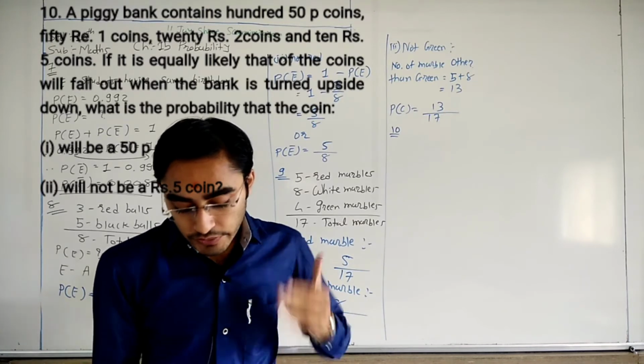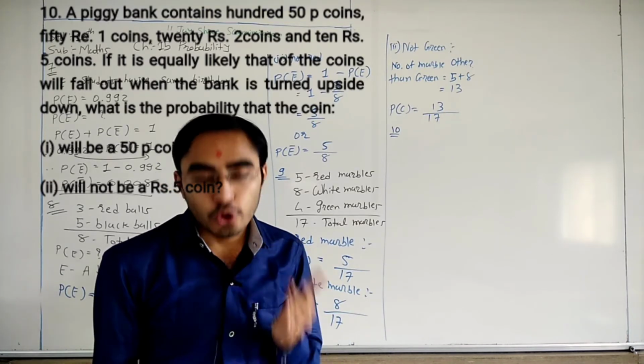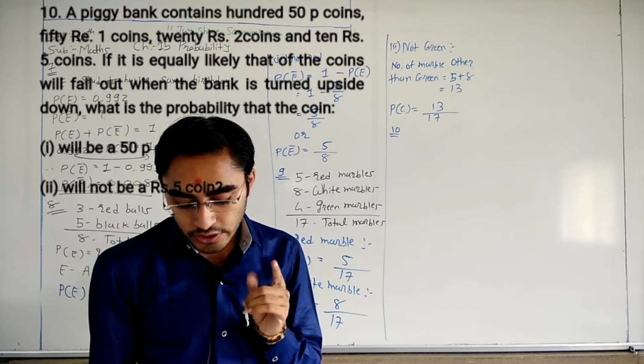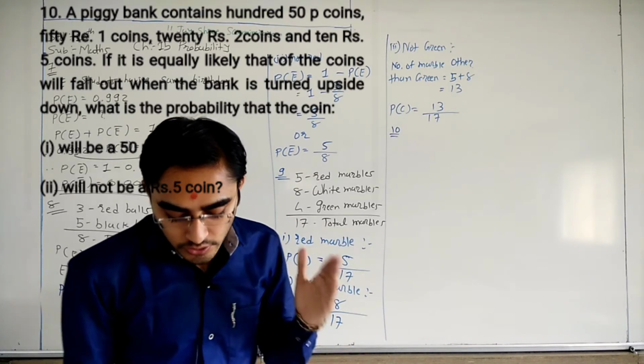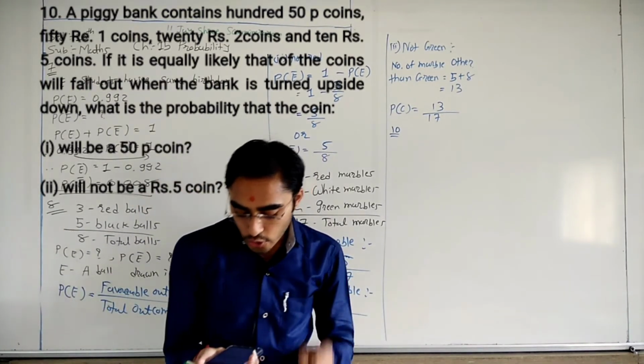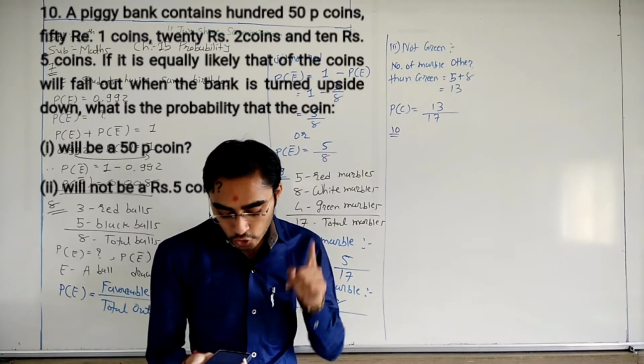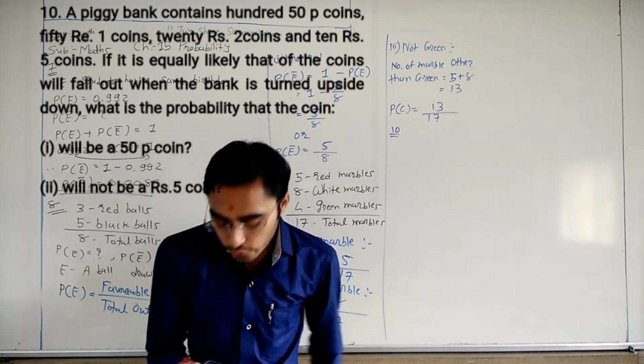If it is equally likely that any coin will fall out when the bank is turned upside down, what is the probability that the coin will be a 50 paisa coin and will not be a rupees 5 coin?